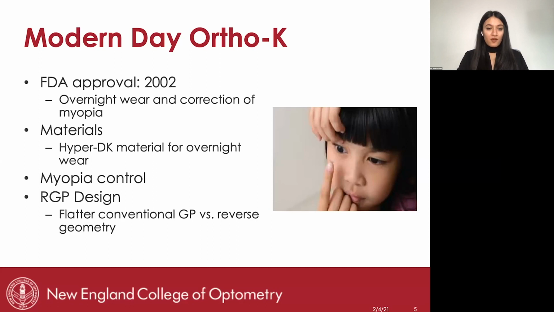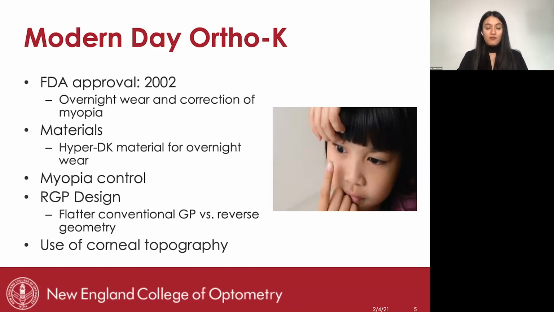And then the RGP design we discussed a little bit earlier as well. So it's a reverse geometry lens versus the flatter conventional GP that was used previously. And then we're also utilizing corneal topography almost every visit.